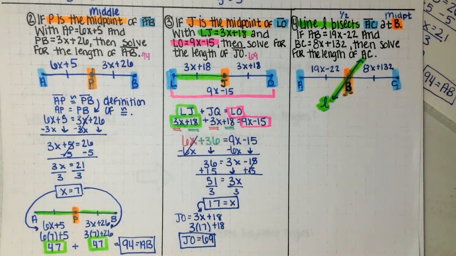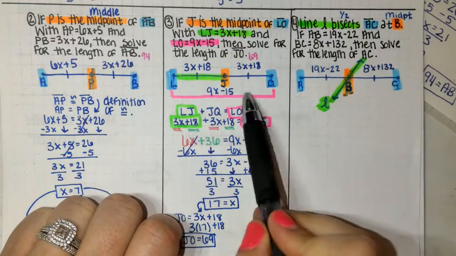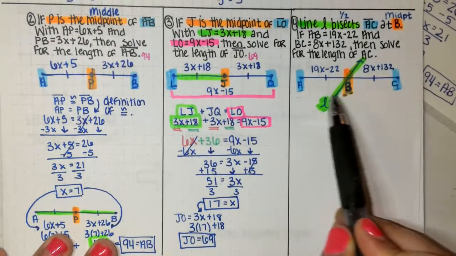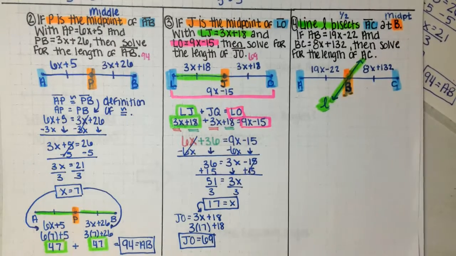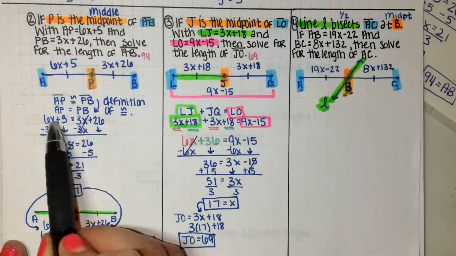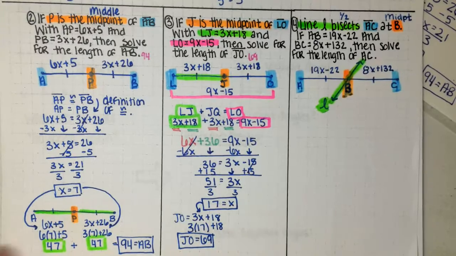And the reason we want to set them equal is because we don't know anything about the full segment. Even though we're trying to find it, we don't actually know any kind of equation that goes along with it. So we're going to have to do what we did in this first problem. Set them equal first, then solve, then add the two pieces together, and that will give us the full segment.